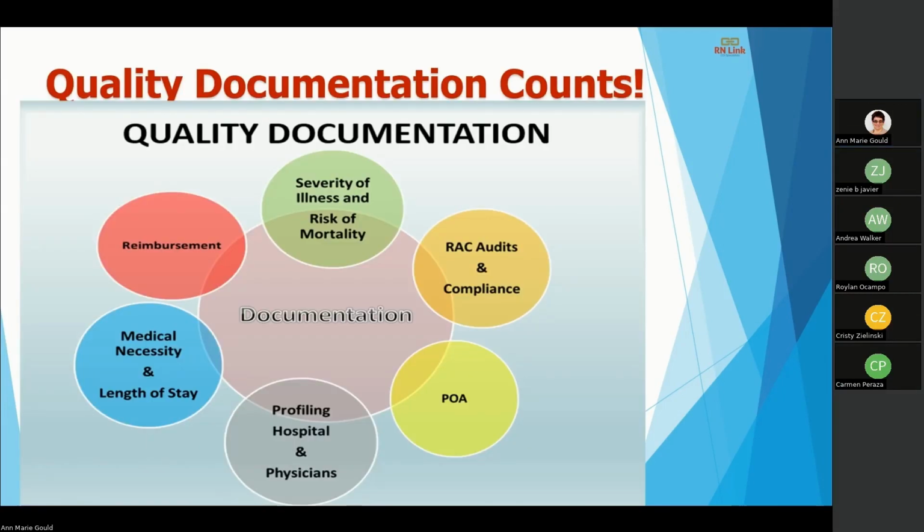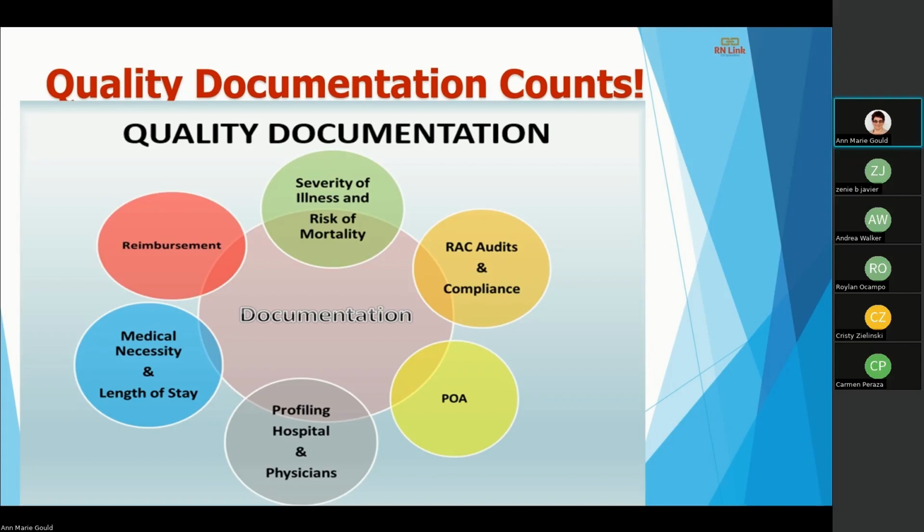So when it comes to quality documentation, it counts because look everything that it affects. It affects your medical necessity, length of stay. That's where your case management or your care coordination department's involved. Reimbursement is coding. Business office for the hospital. Severity of illness, risk of mortality. Our RAC audits and compliance, right?